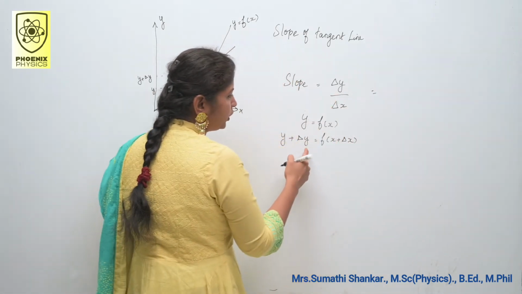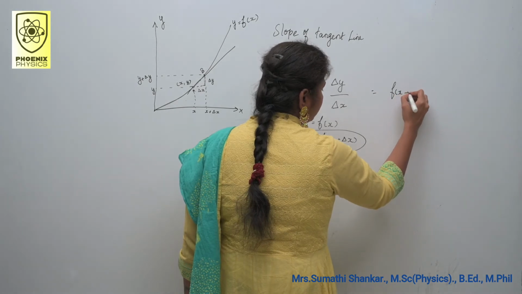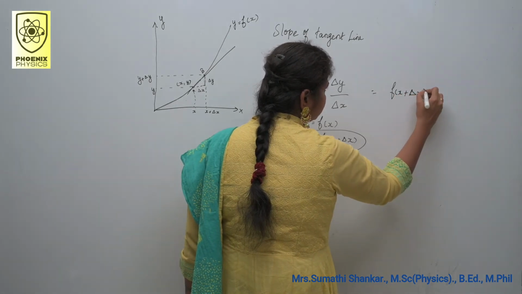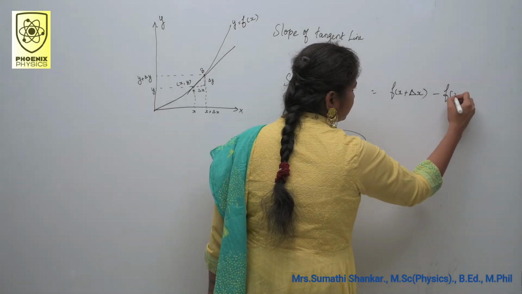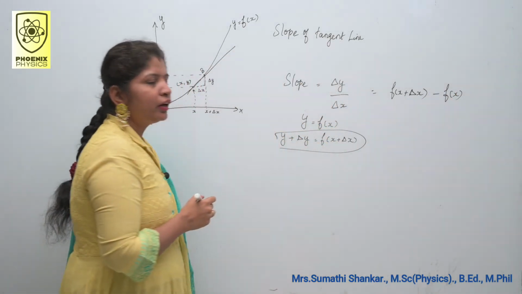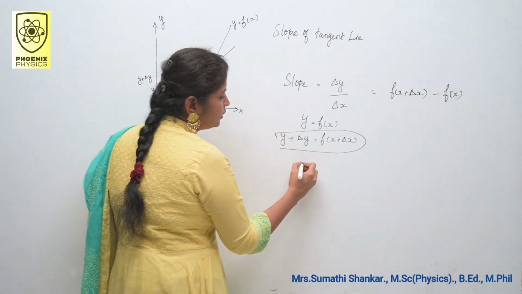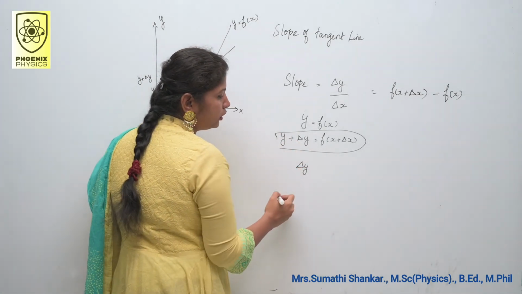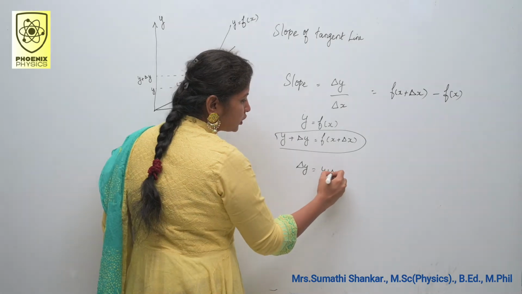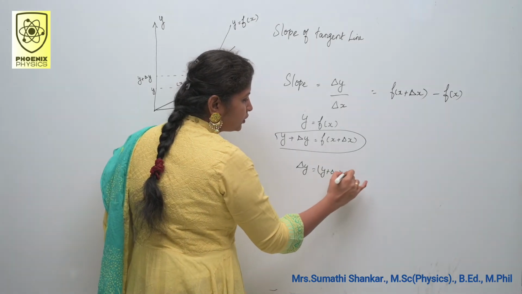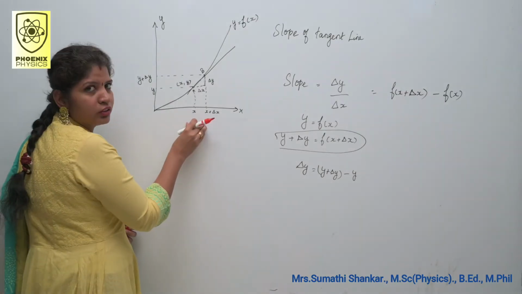What is delta y? f of x plus delta x minus f of x. Why did I write this function? Because we need delta y. If you want delta y, you can write like this: y plus delta y minus y will give delta y. Look at this diagram.